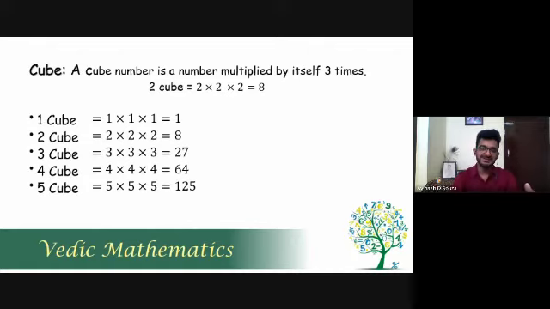In case you don't remember these, please remember them, because this will be very helpful in understanding the method. I'll give you about 30 seconds just to remember, and I'm sure everyone knows the first five cubes. So 1 cube is 1, 2 cube is 8, 3 cube is 27, 4 cube is 64, and 5 cube is 125.